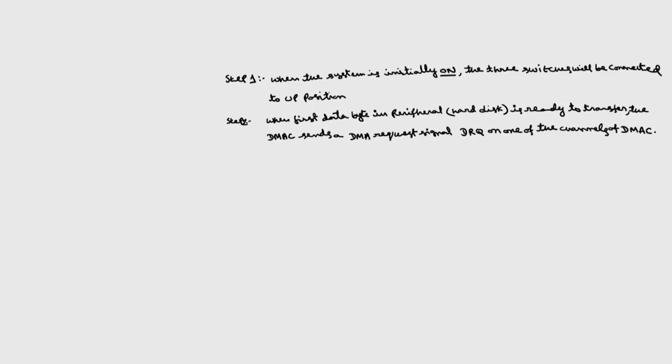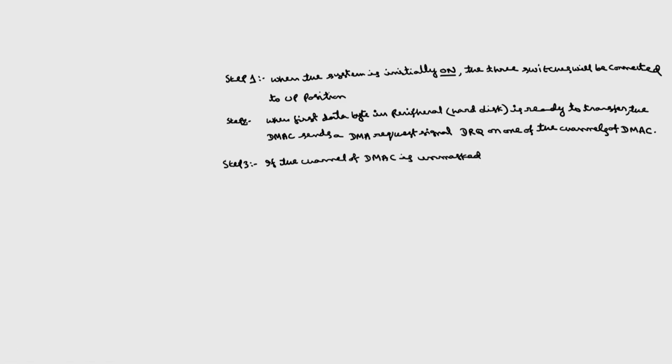The next step is step 3. If the channel of the DMA controller is unmasked, the request will be recognized. If it is masked, then that service will not be recognized.